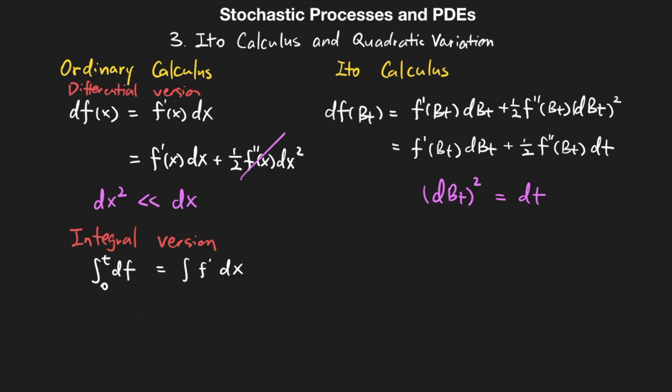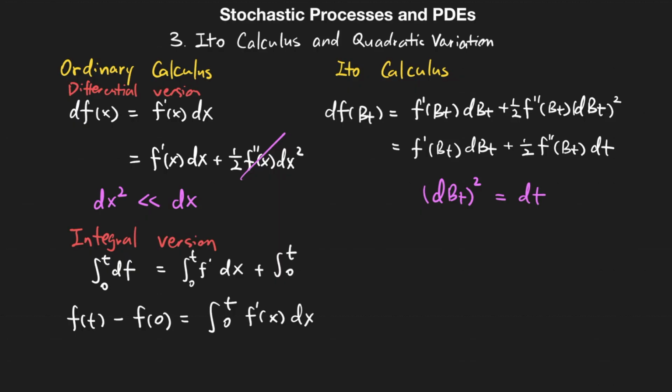This is just going to give us the fundamental theorem of calculus. You have f(t) minus f(0) equals the integral of the first derivative. Of course, we can also expand this integral into the second order, but the second order won't accumulate.